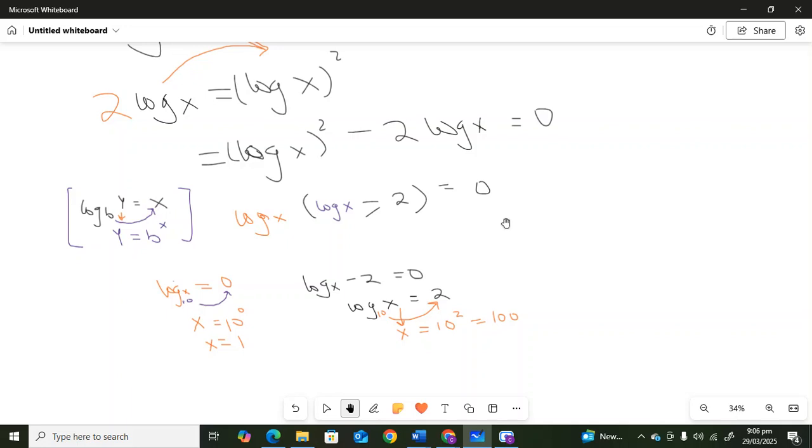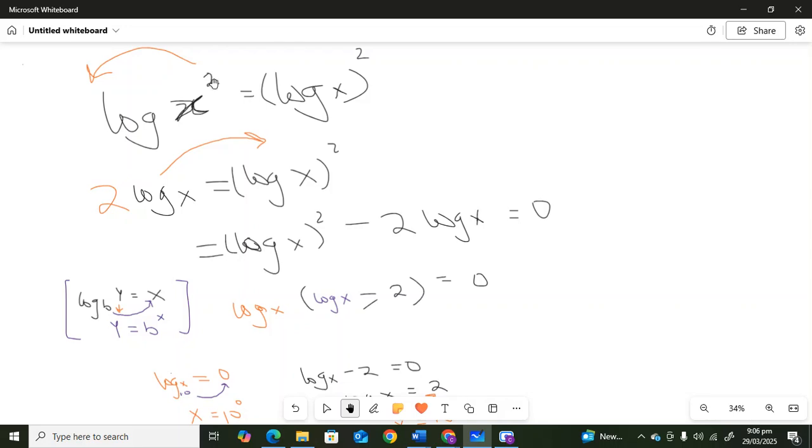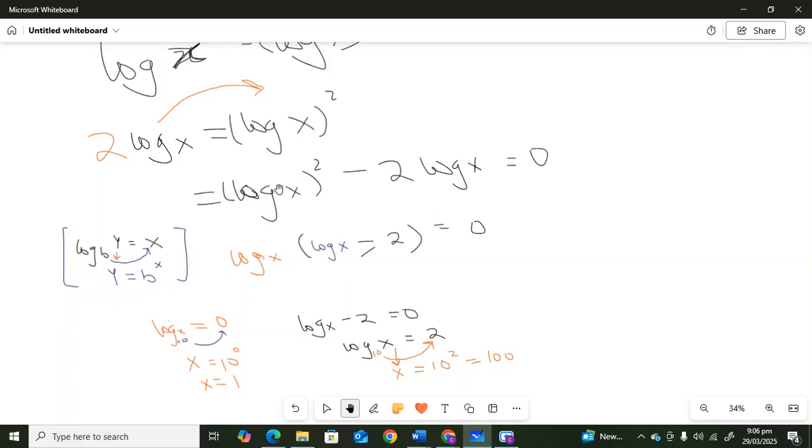Method 2, we will still have to do the same thing. First, get rid of this power 2 for x, bring it in front. 2 log x equals log x squared. Then you need to put it back in equation form: log x squared minus 2 log x equals 0.